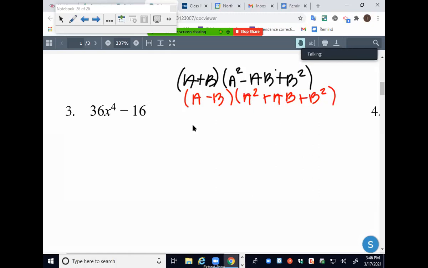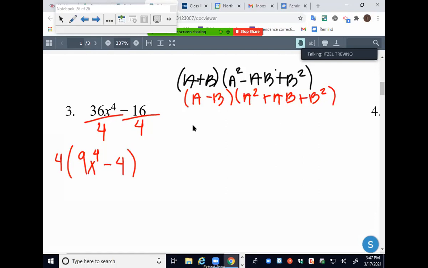We can just factor out something that they have in common. If I factor out a 4, what am I left with? 9x to the 4th minus 4. So I factored out a 4.